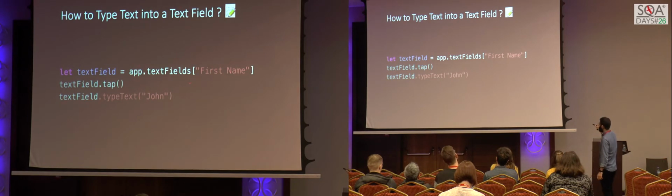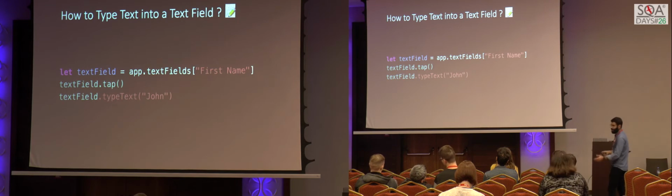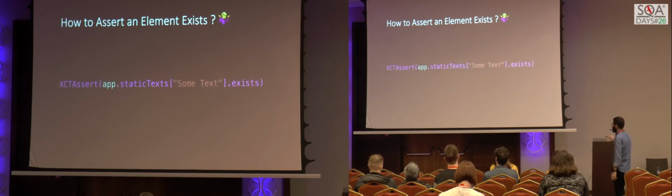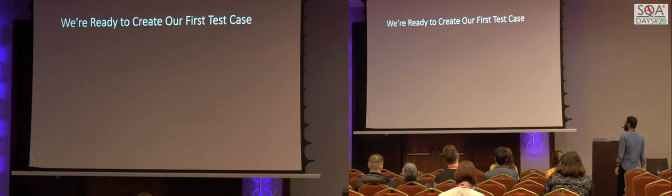App, you have a text field that has first name as the label. Please tap on it and then type text inside the text field. Type John, for example. The first name is John. It will type the text. How to assert that an element exists? There is a method called XCTAssert. Assert what? That app.staticTexts, this static text, exists. This is a Boolean, so it will return true, or false if it doesn't exist.